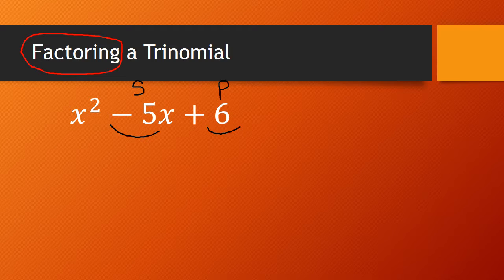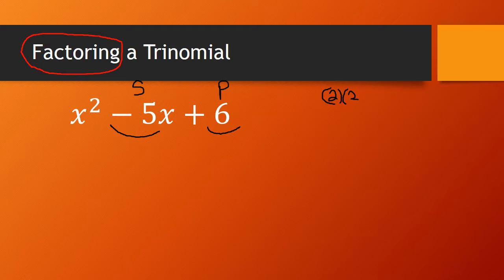So I have to think of two numbers. If I multiply, I get 6, and if I add, I get -5. So my choices are either 2 and 3 or 6 and 1.